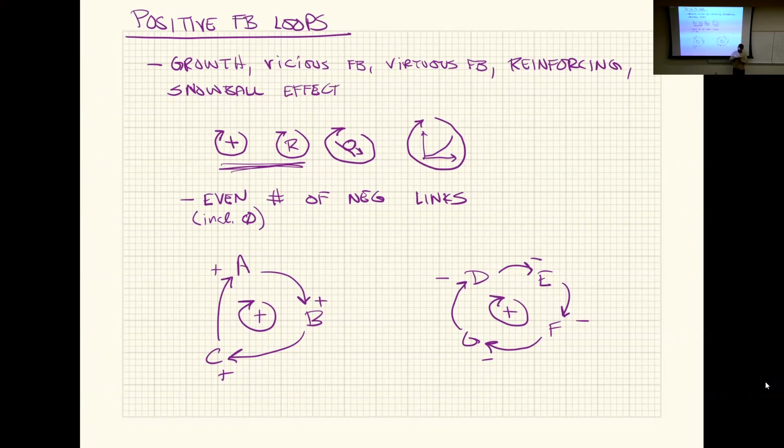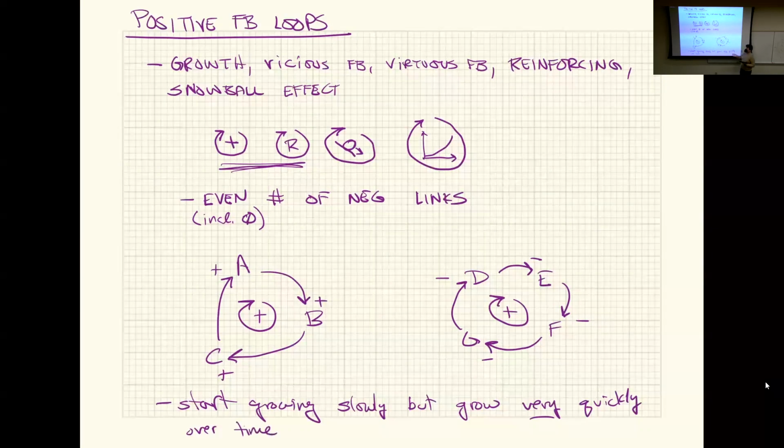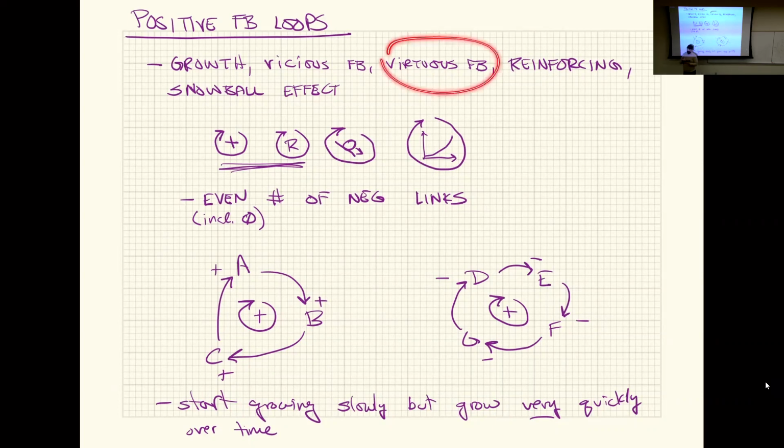The big thing about these things is they start growing slowly, but grow very quickly over time. And so that basically tells us that if we have a loop like this, if it's something we desire, if it is a virtuous feedback loop, like word of mouth spread of a product.